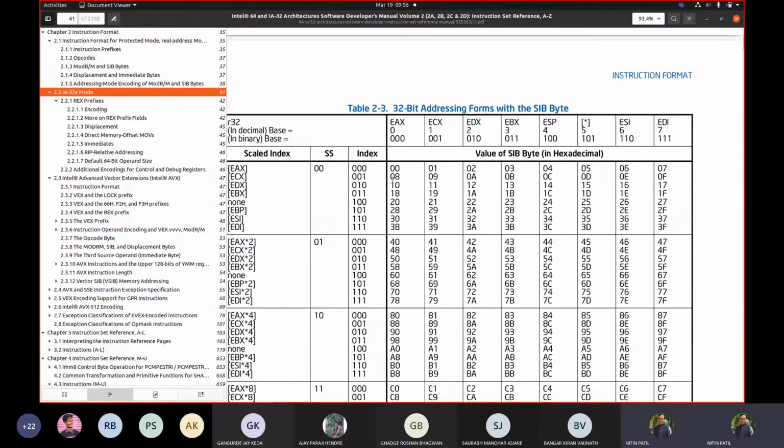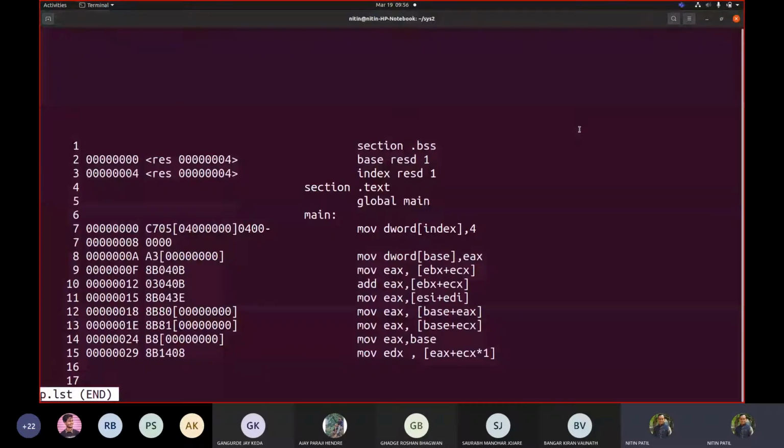See here, 08 was formed because of this EAX and ECX together. So now here I can see that this was for EBP and this was for ESI. So base can be my stack. But if I don't want this, that EBP should not be used there.